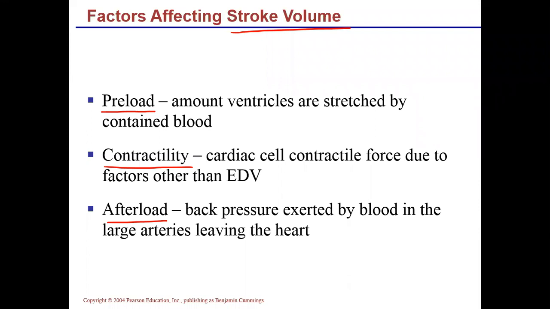If it stretches, think about a balloon that you're filling up with water. As the water has a certain weight and amount, it's going to cause your balloon to expand little by little, allowing it to fill up more. When you squeeze your balloon with your fingers, the water is going to come out.